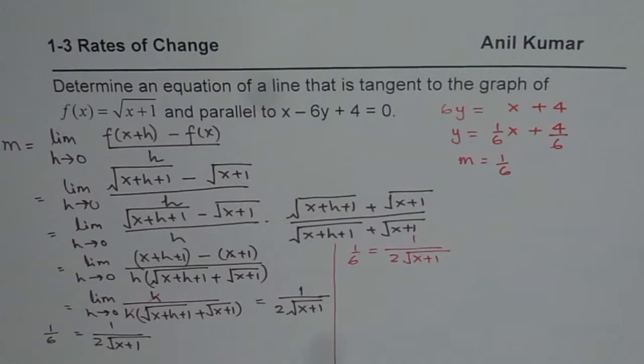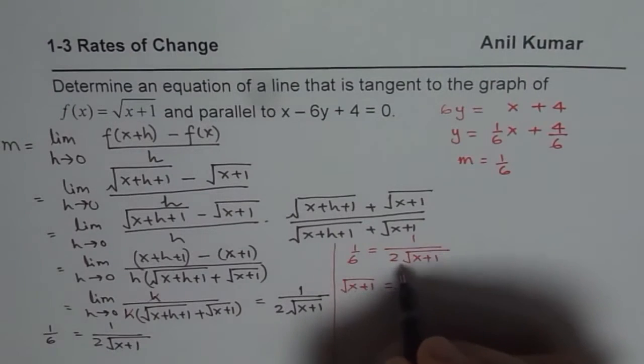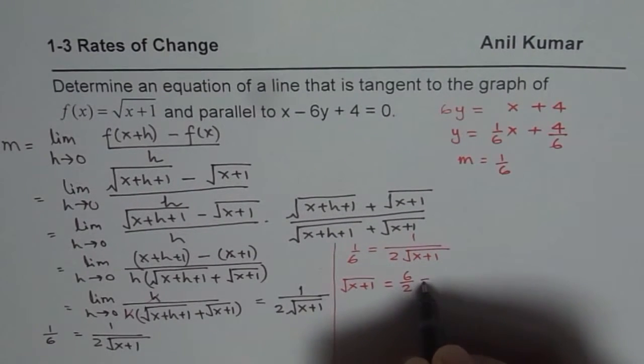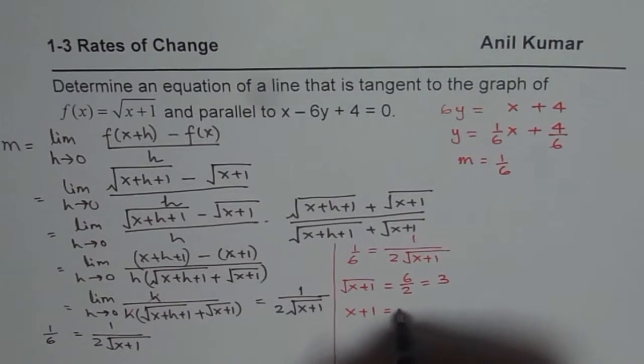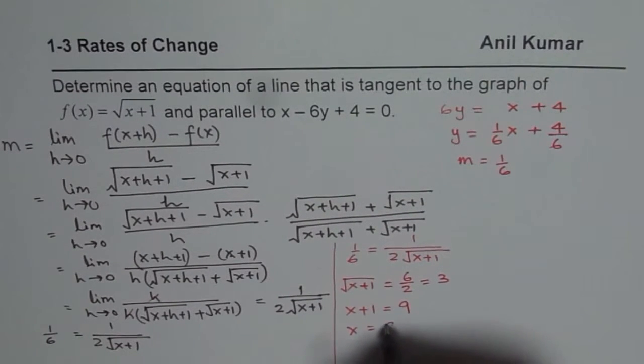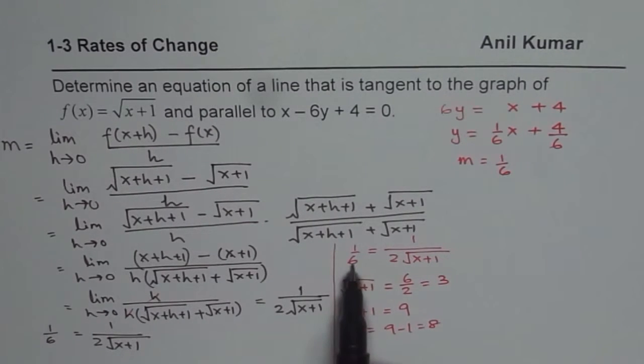If I cross multiply, I get square root of x plus 1 equals 6 over 2, which is 3. If I square it, I get x plus 1 equals 9, so x equals 9 minus 1, which is 8. So x equals 8 is the point where the slope is 1 over 6.